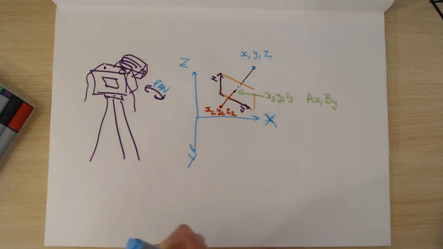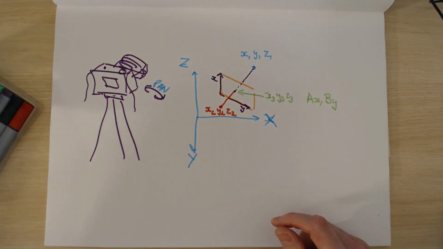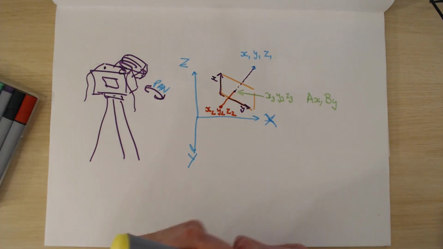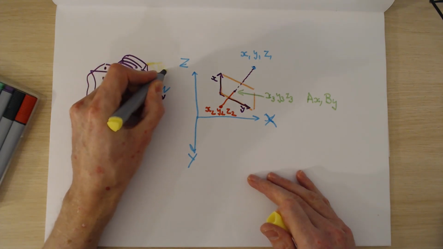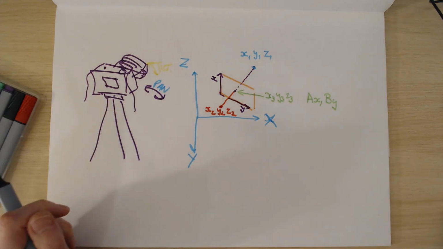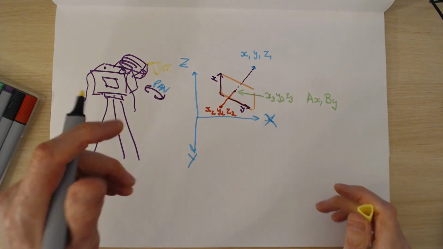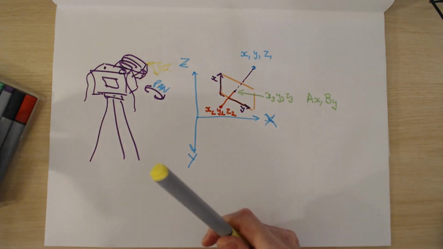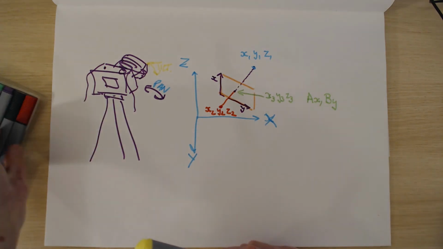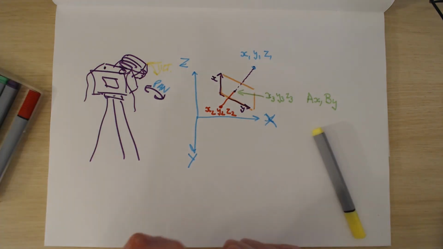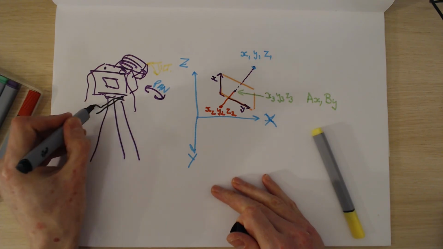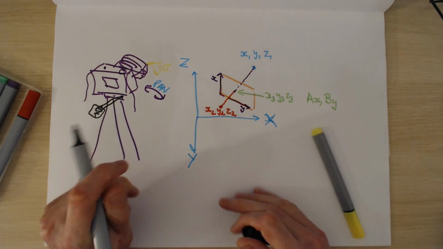And then the other thing we do with our camera on a tripod is we tilt it. So you tilt your camera with that handle. All tripods have that handle, don't they? It comes off here. And that's what you use to pan and tilt the camera.